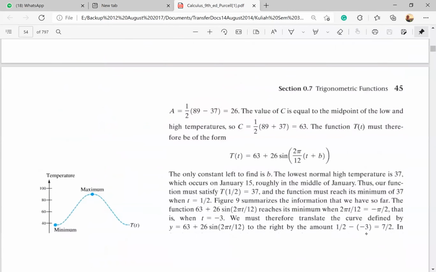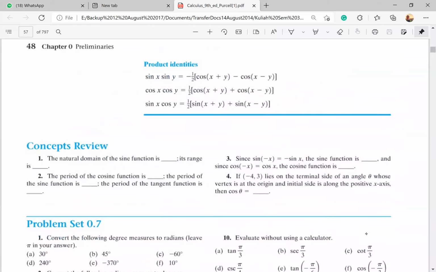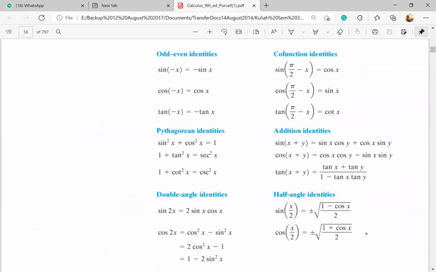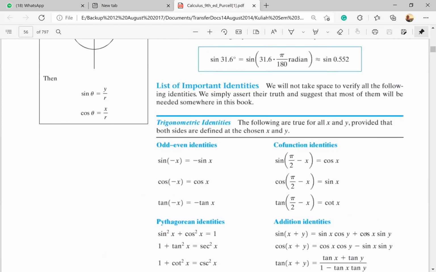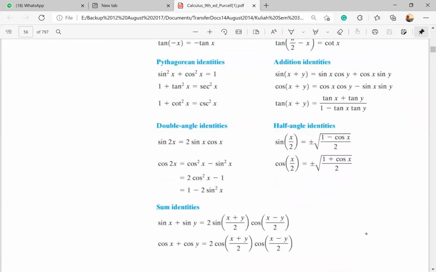Functions. Okay, so these are the identities that we need. There isn't a lot. Oh, I forgot to mention about this negative means you rotate, translate. Okay, so let's see, which one I would show.